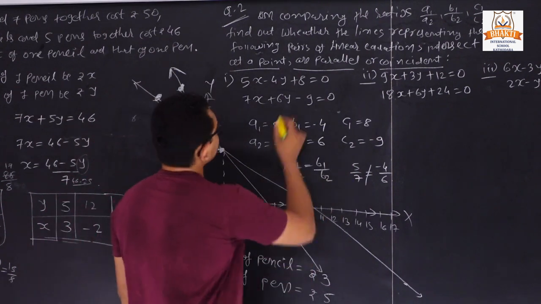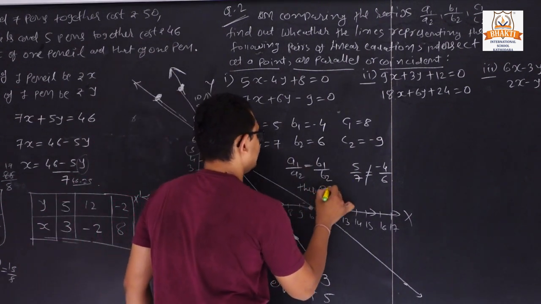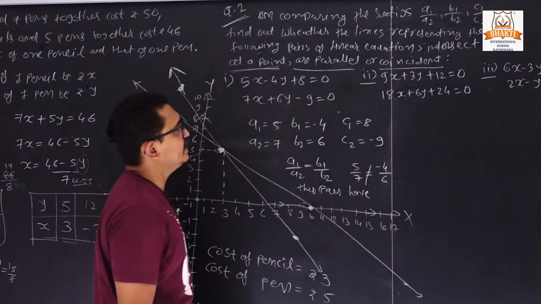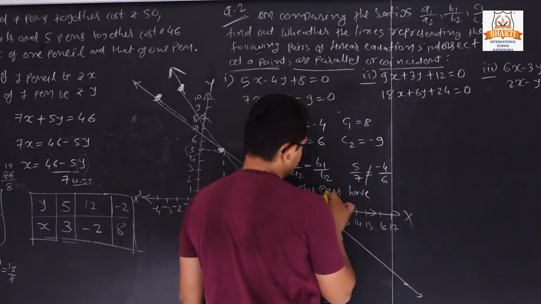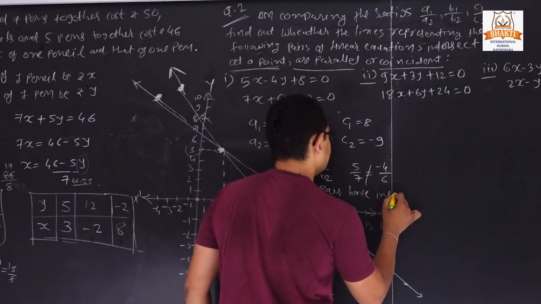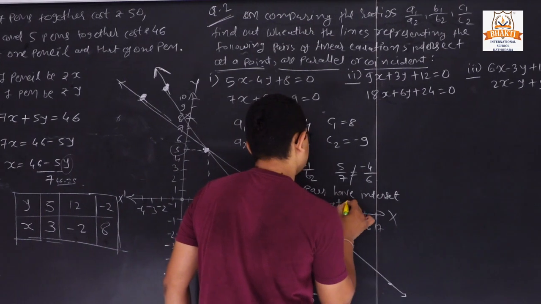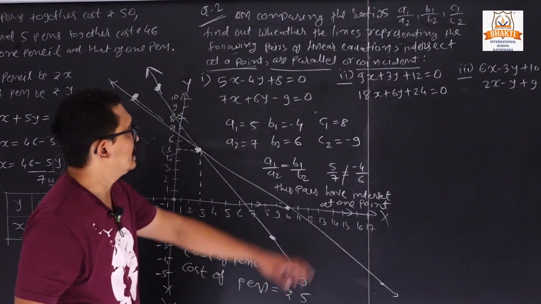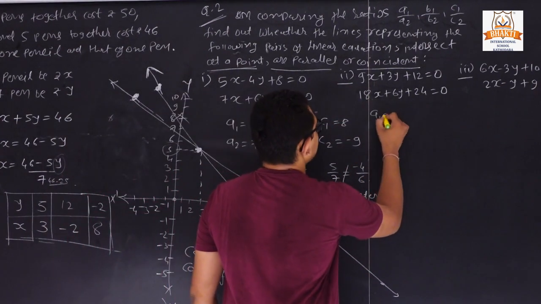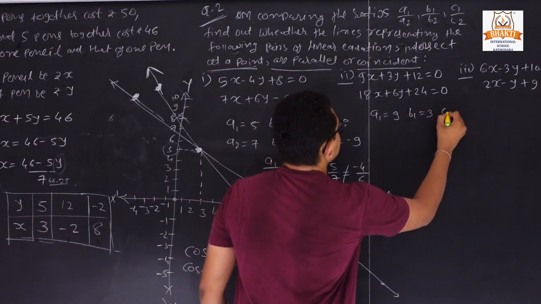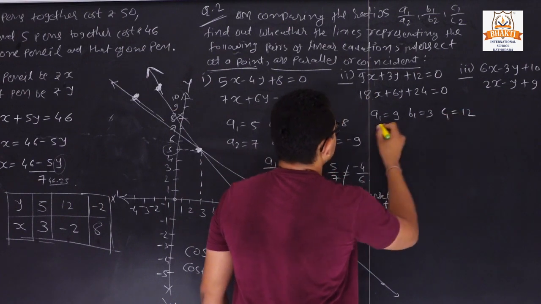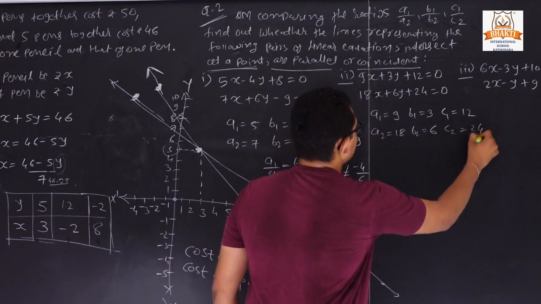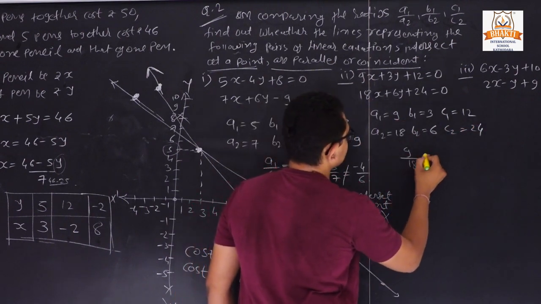So it means this pair intersects at one point. Now the second: once again A1 is 9, B1 is 3, C1 is 12, then A2 is 18, B2 is 6, C2 is 24. Now taking the ratio.